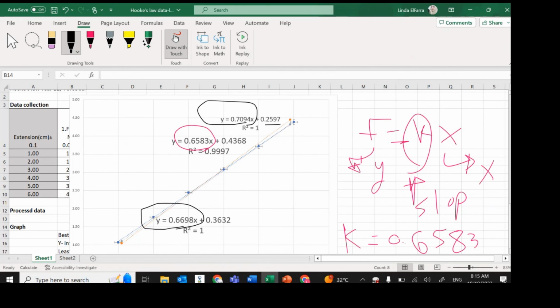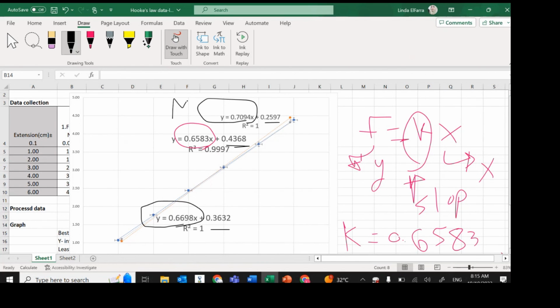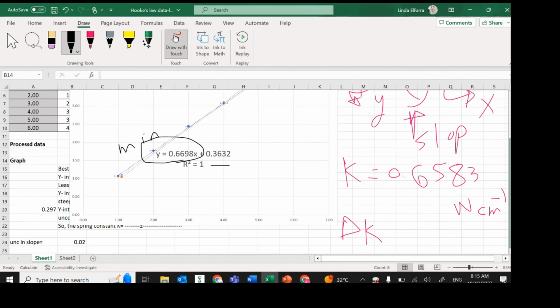This one here, it will be the uncertainty in gradient, maximum, minimum, and the uncertainty in y-intercept. So first we have to find the uncertainty in the slope. So maximum is this value. This will be minimum. How can we find the uncertainty? Just subtract these values divided by 2.